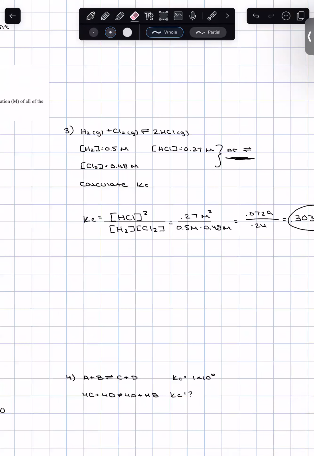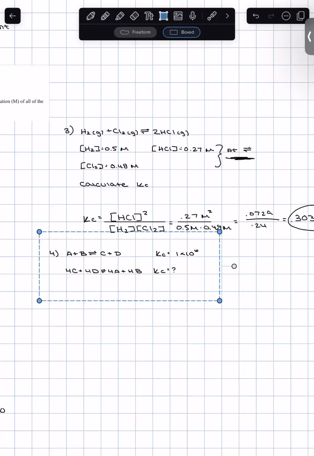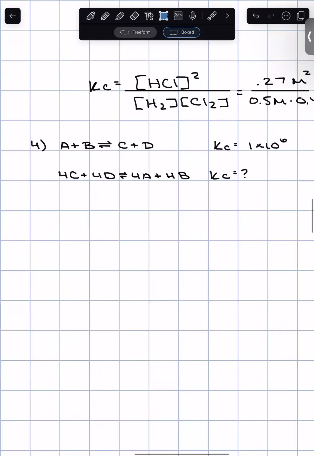All right. Again, with this one, I put this one in here just because I want to make sure that you all were aware of it. This is something that's very forgotten. Like when we have to manipulate reactions to get to a final reaction. I hope all of you remember that. I just want to make sure that we're aware of the rules. I'm going to write them out here.